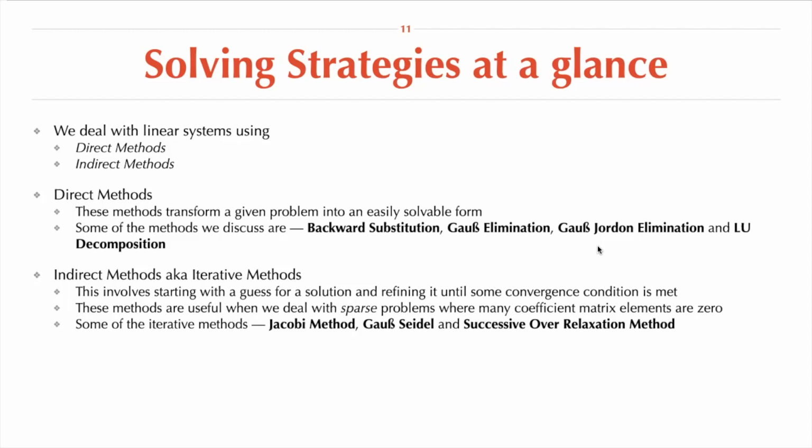It will converge very fast in those cases, and it is usually used where you have banded matrices. Some of the iterative methods are the Jacobi method, the Gauss-Seidel method, and successive over-relaxation, which is a way of improving the Gauss-Seidel method. We will not talk about indirect methods today. We will talk about them in some other talk.